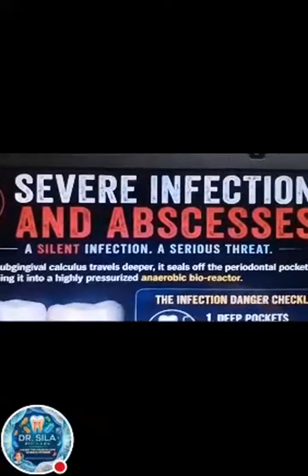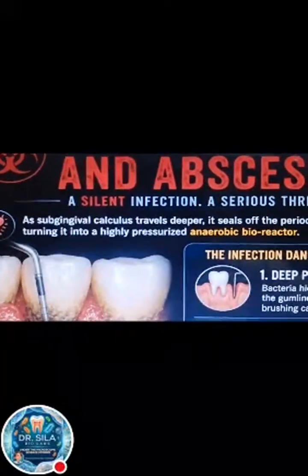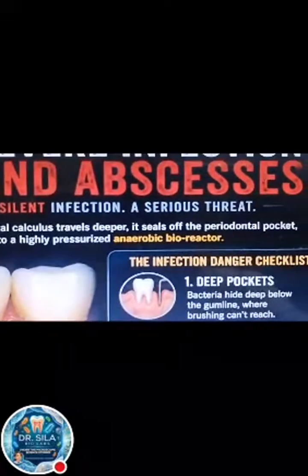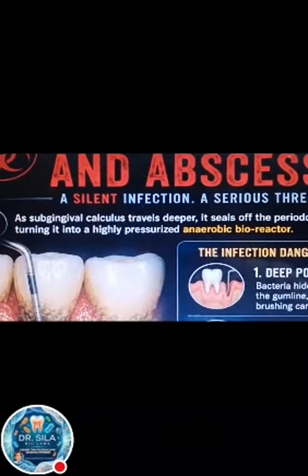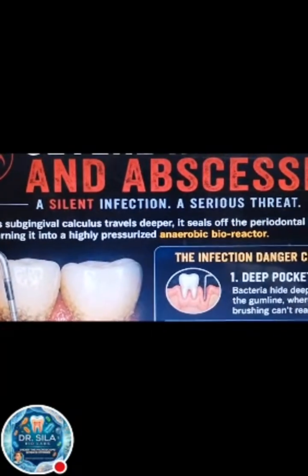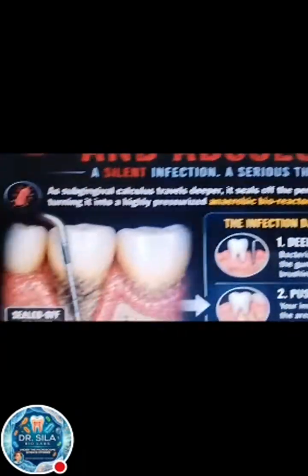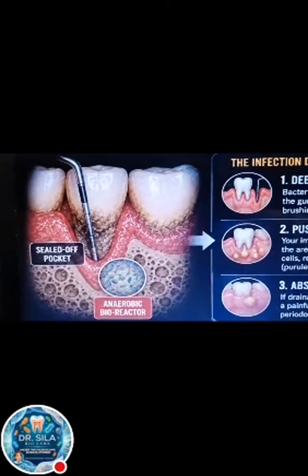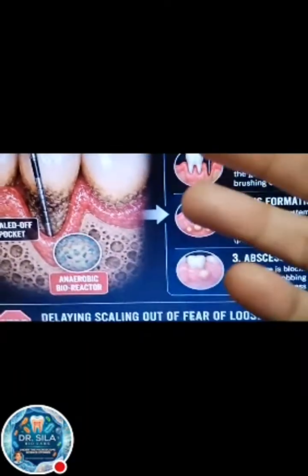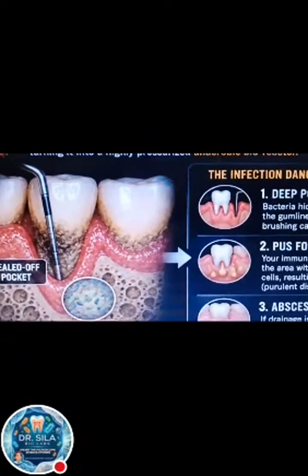Severe infection and abscess, a silent infection, a serious threat. As subgingival calculus travels deeper, it seals off the periodontal pocket, turning it into a highly pressurized anaerobic bioreactor. Sealed pocket, anaerobic bioreservoir.